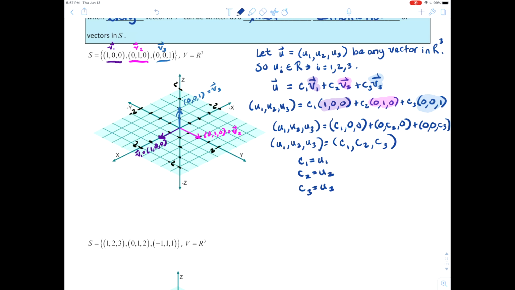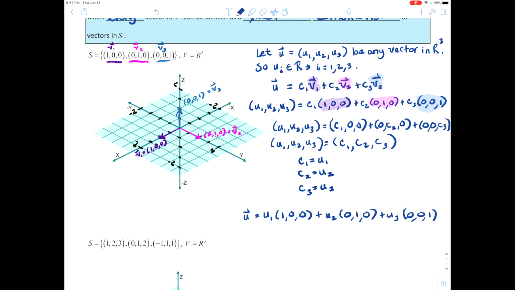And so what does that mean? Well, that means that we can write U as U1 times 1, 0, 0 plus U2 times 0, 1, 0 plus U3 times 0, 0, 1. Cool so far?